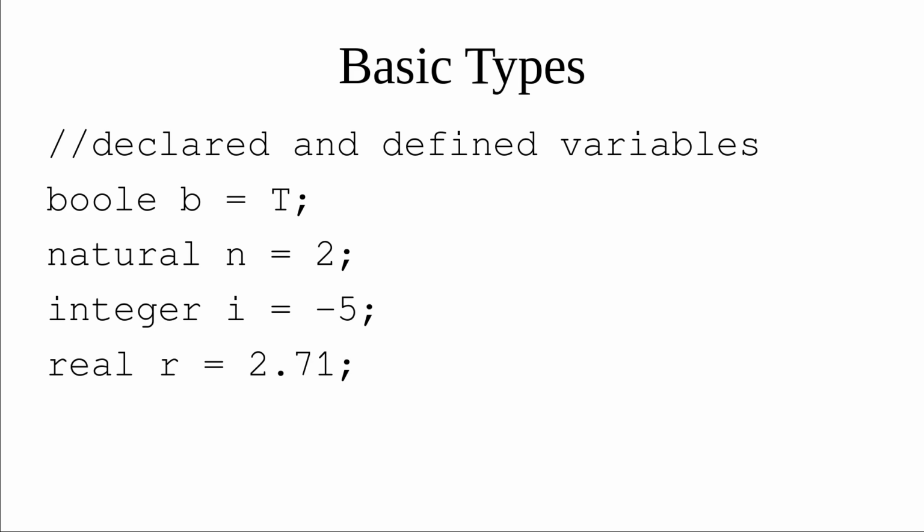So then I have a few examples here. I have basic types, some of the basic types in Y. Instead of going for some of the classic types that you'd have, say in C, I've gone for just calling things basically what they represent.